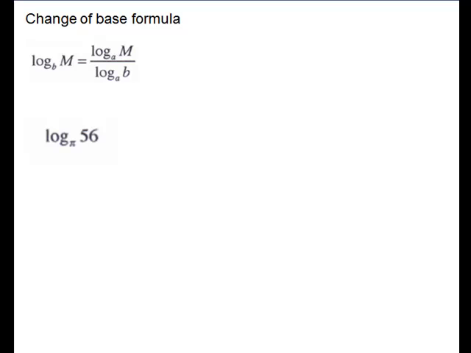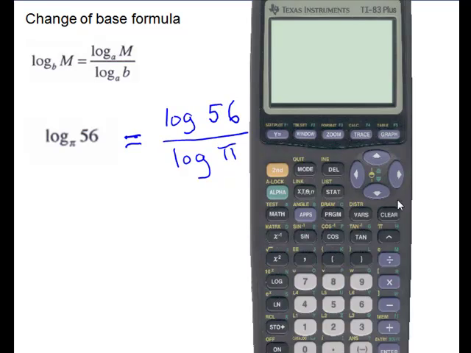Next, we have the log base pi of 56. And we're going to also evaluate this one to 4 decimal places. So we will use our change of base formula. So the log of 56 over the log of pi. Let's go to our calculator again.